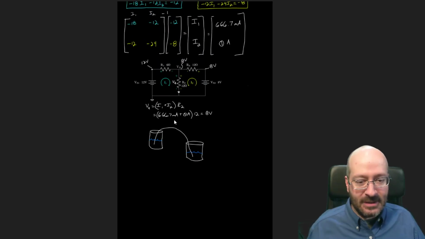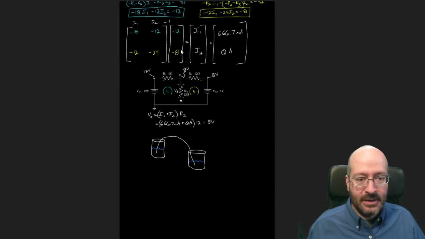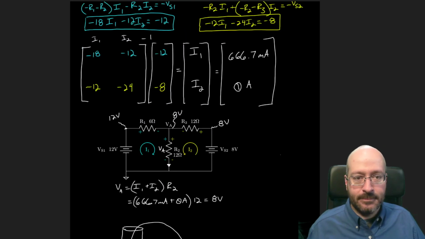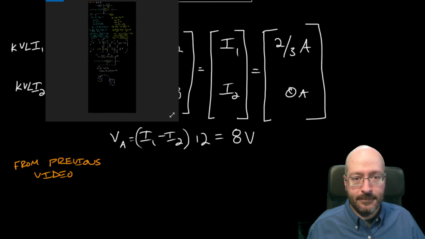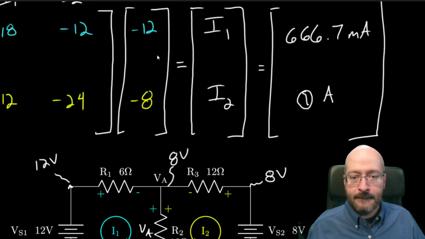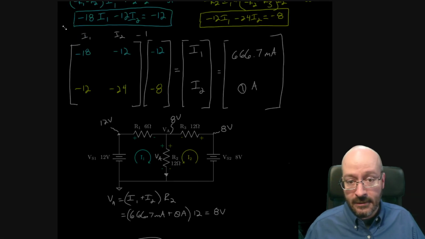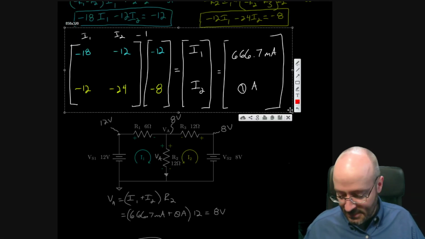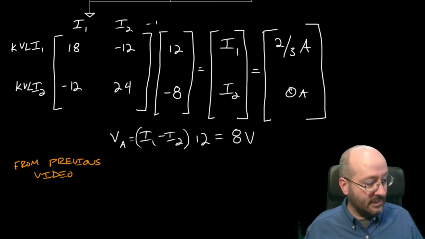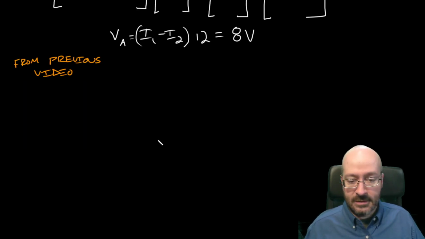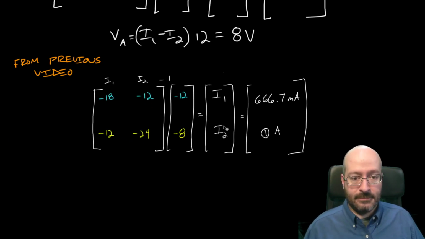We talked about the supermesh because that's how we got 0 amps. But look at here. Hopefully this is showing up for you. We ended up with an equivalent system of equations.